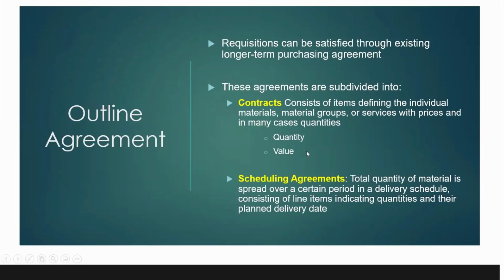But if you buy more than 100 computers, between 100 and 200, it will be 900. If you buy more than 200, it will be 800 and so on.